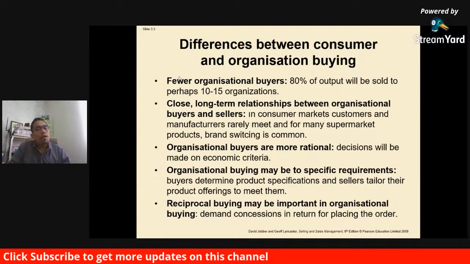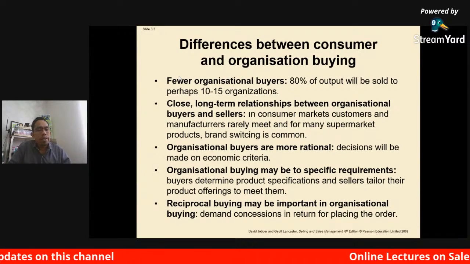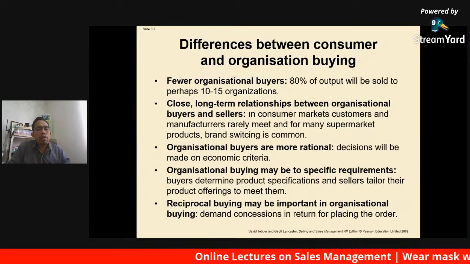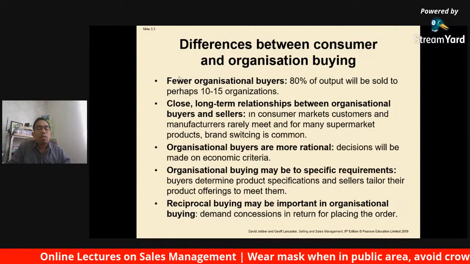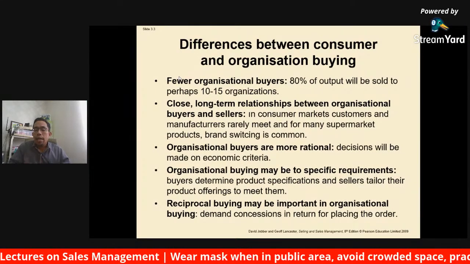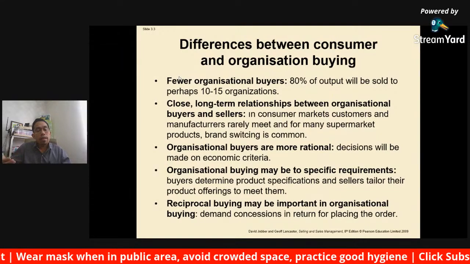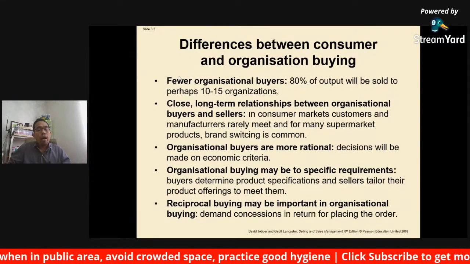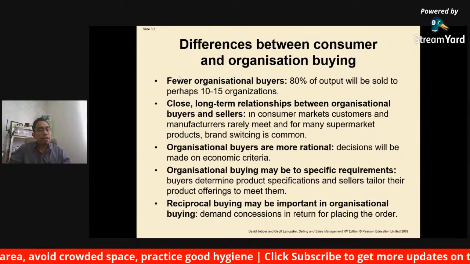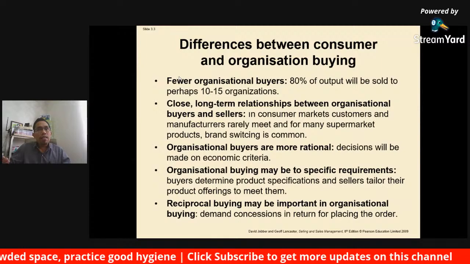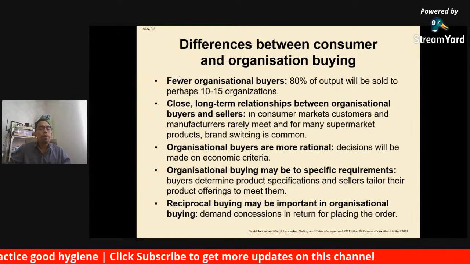For organizational buying, there may be specific requirements. Buyers determine product specifications and sellers tailor their product offer to meet them. If we are a supplier to a business buyer, we need to think about their requirements and preferences, anything that favors them.